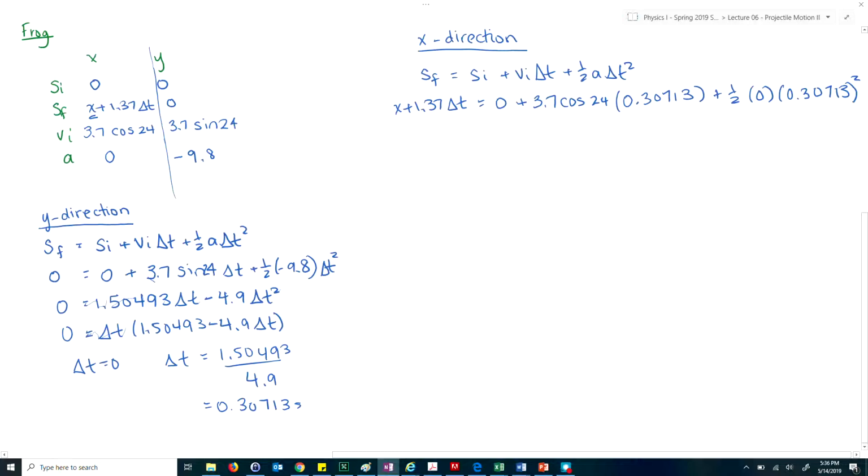Okay, so now this delta T is also the same value that I found before, the 0.30713. So I can plug that in, and then you can notice that this is left as the only variable now.